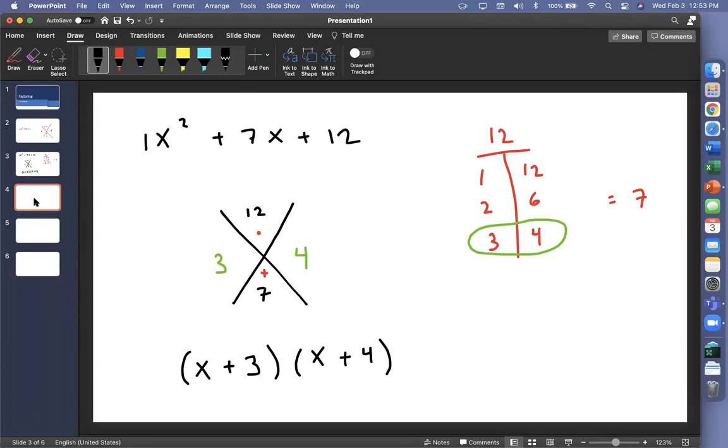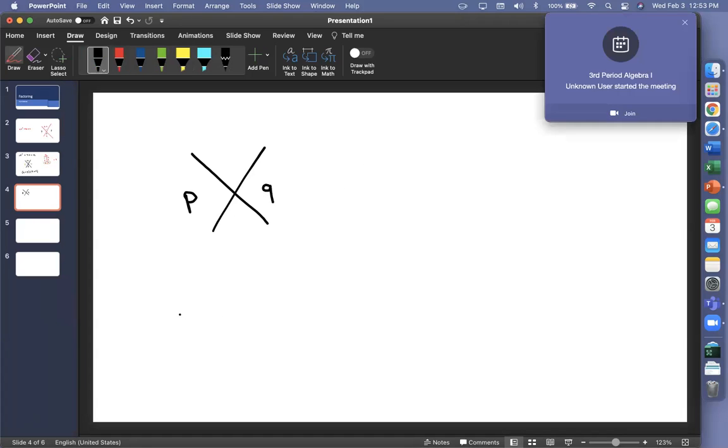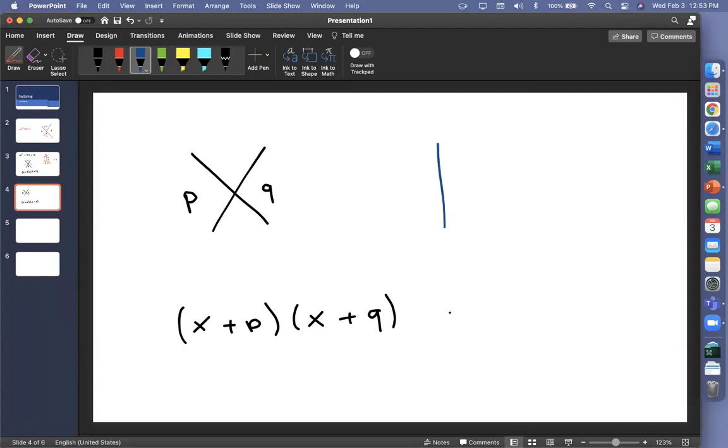So one thing that I want you to know is, let's say this is P and Q. Our formula is going to be x plus P times x plus Q. Now, what if when we do our X method, we have a negative P and a positive Q?